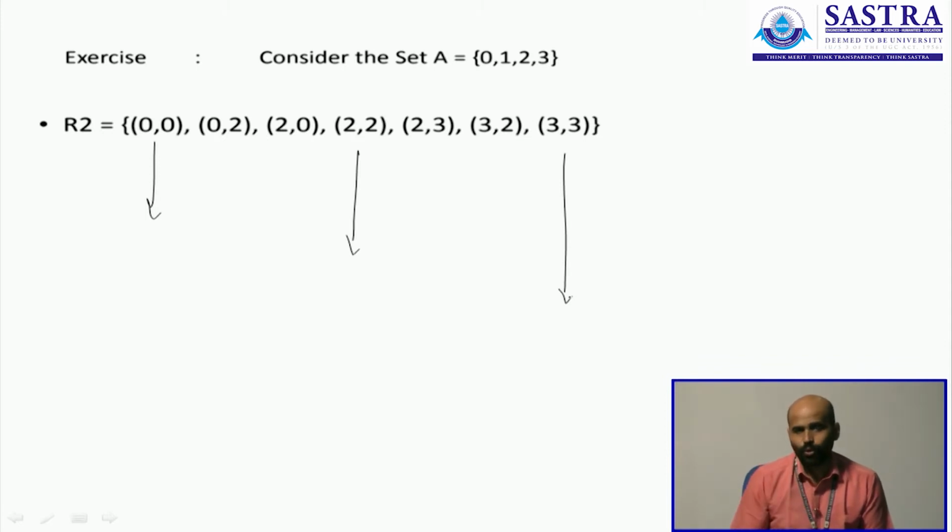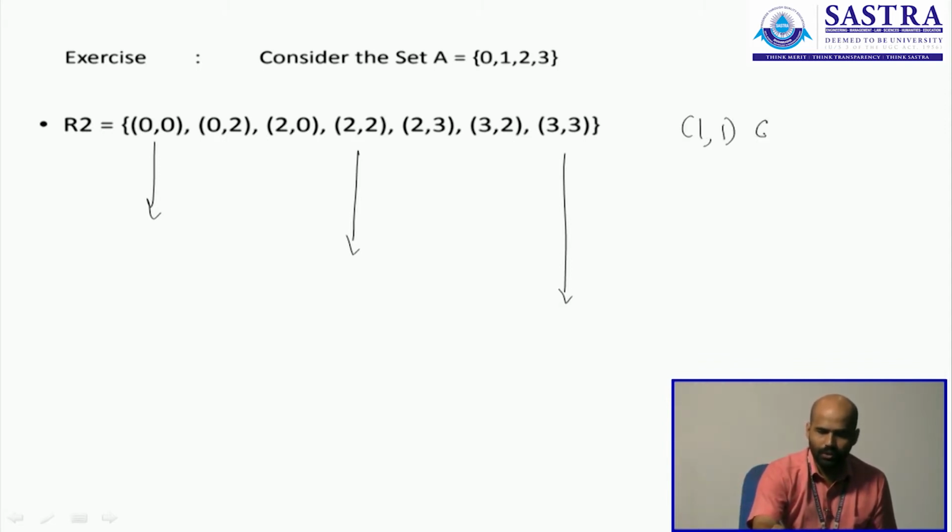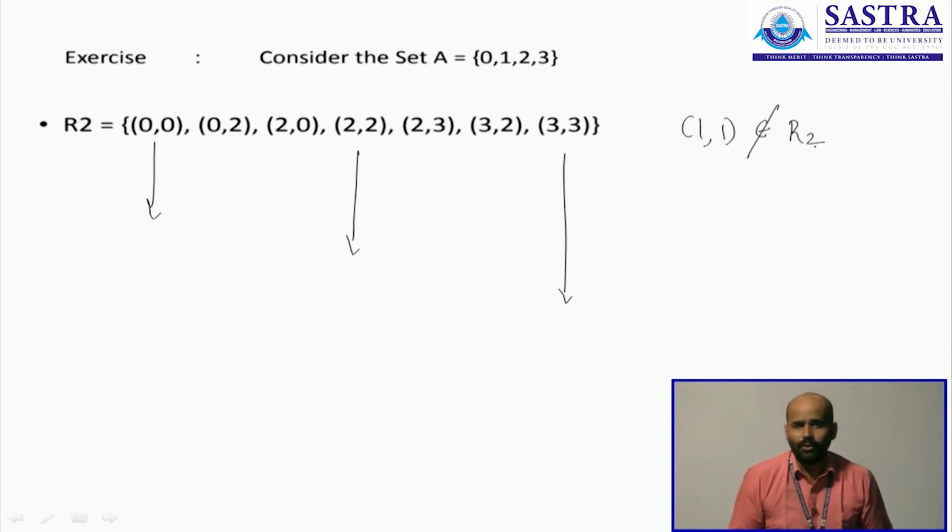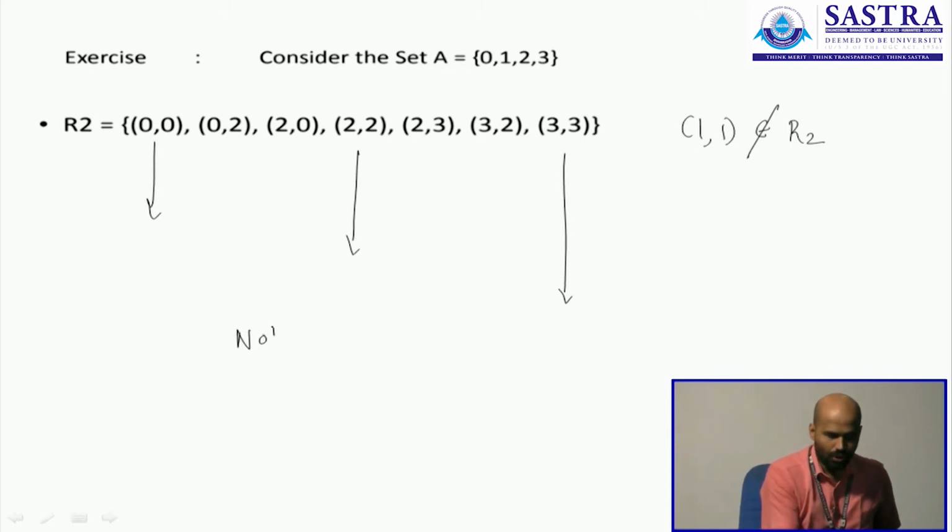But you do well to know that we do not have 1, 1. So one of the 4 elements that are part of the set A has not been included as an ordered pair with itself. In other words, the pair 1, 1 is absent. It doesn't belong to this relation R2. And for that reason, you cannot call this relation reflexive. It is not reflexive. This is not a reflexive relation.